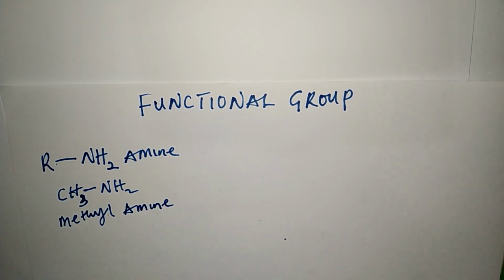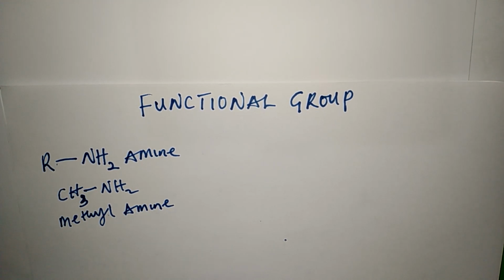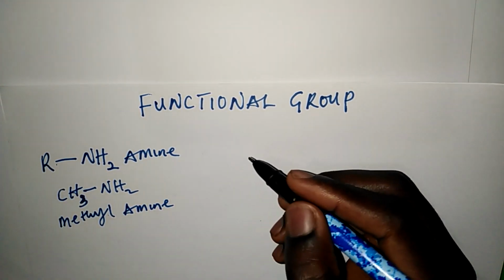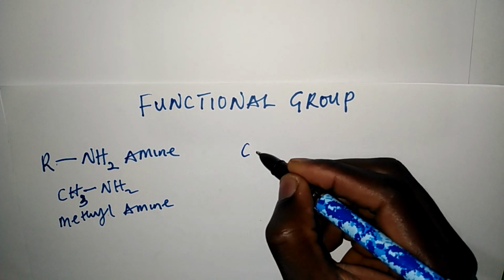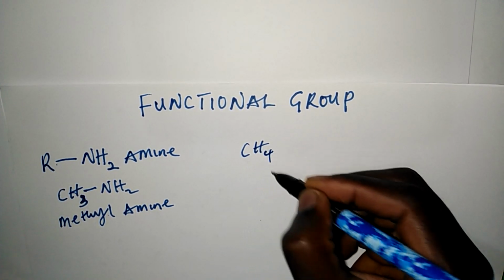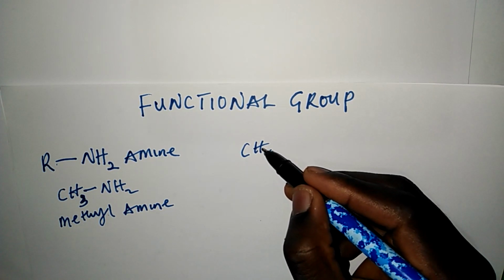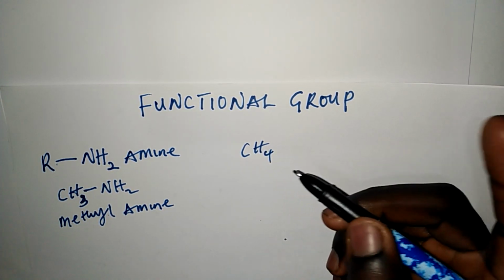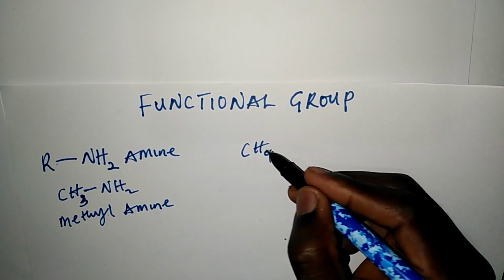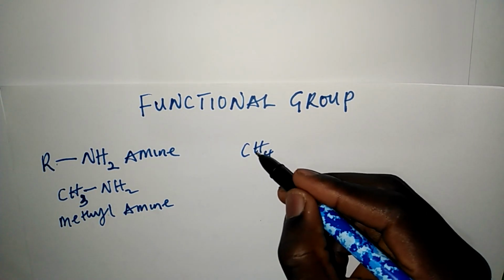If it is an ethyl group, you say ethylamine. If it's a propyl group, you say propylamine. If it's a butyl group, you say butylamine. You understand? And by the way, whenever you see methane, we have CH4. If methane becomes a functional group like we did in part 1, you drop one of the H and link it to another group.